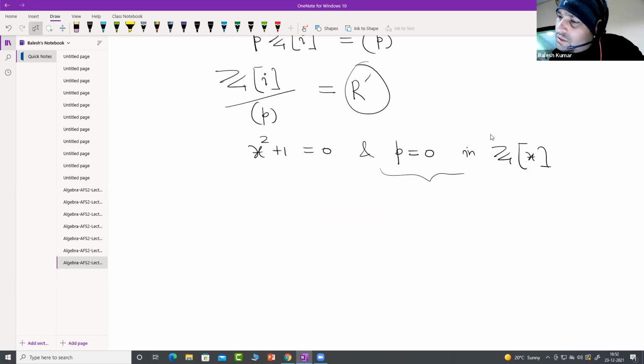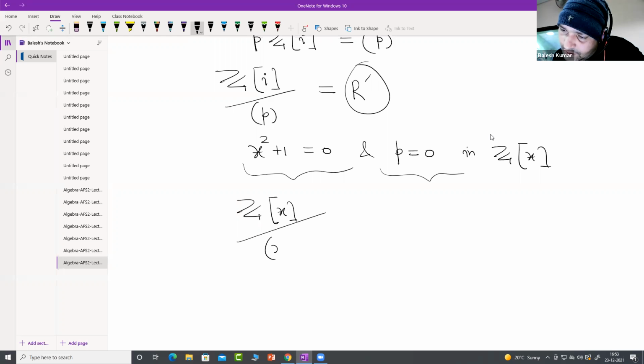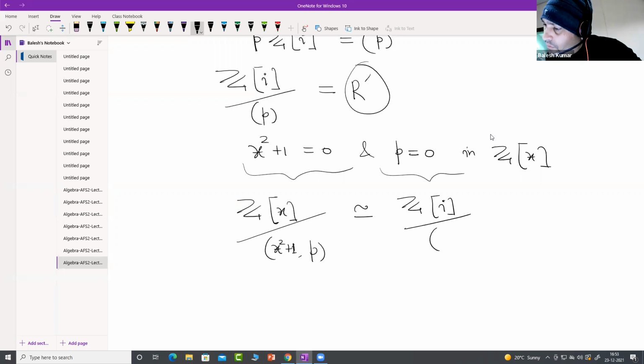If you use first this relation and then that relation, or the other way around, you do get the same ring R'. So by introducing these two relations, the quotient of Z[x] by the ideal generated by x squared plus 1 and p can be shown to be isomorphic to Z[i] modulo the principal ideal generated by p inside the ring of Gaussian integers.